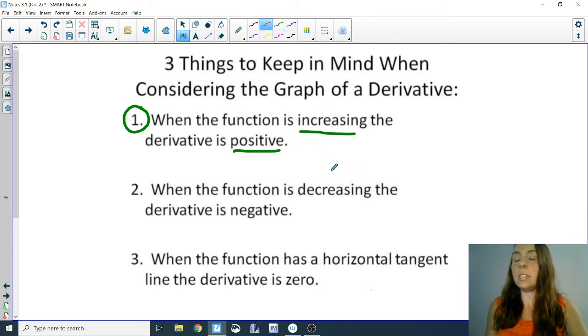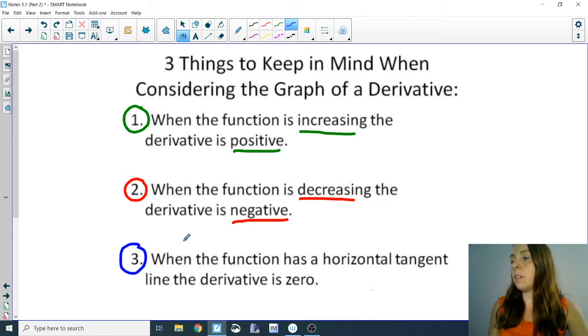When the function is decreasing, the derivative is negative. Again, I'm going to show that on my graphs with the color red. And finally, I'm going to use blue for number 3. When the function has a horizontal tangent, we'll talk more about that when we get there, the derivative is 0.